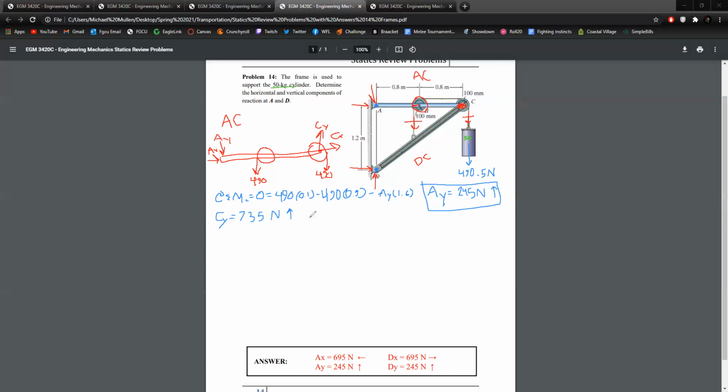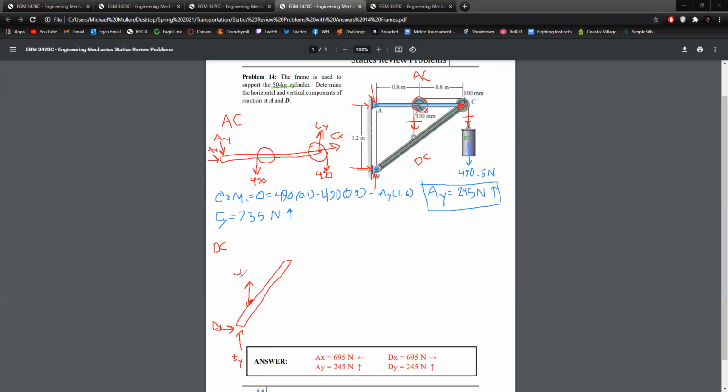So now that we have CY, we can go and write out DC as a bar like this, where we have dy, dx. Right here, we're actually going to have this cable exerting a force like this to compensate the other side of this cut.